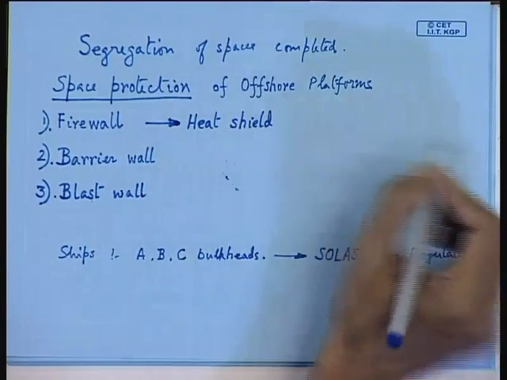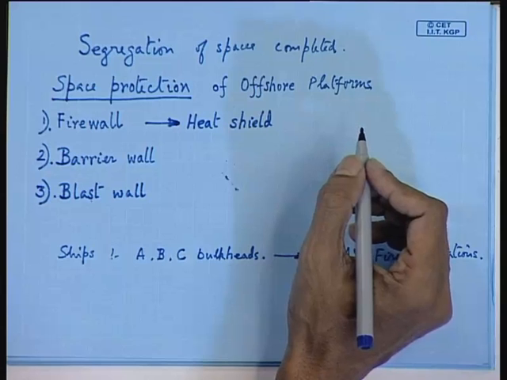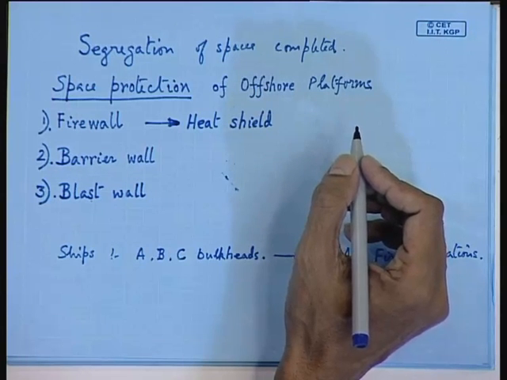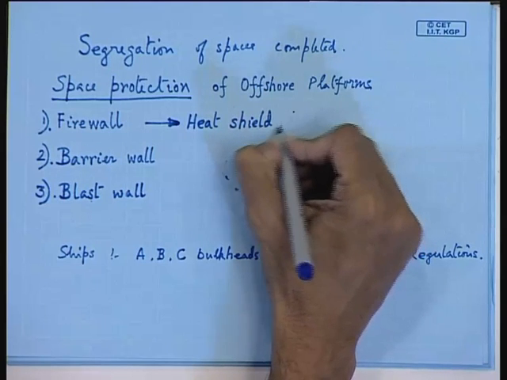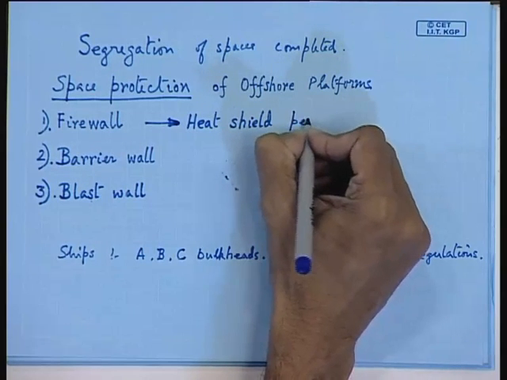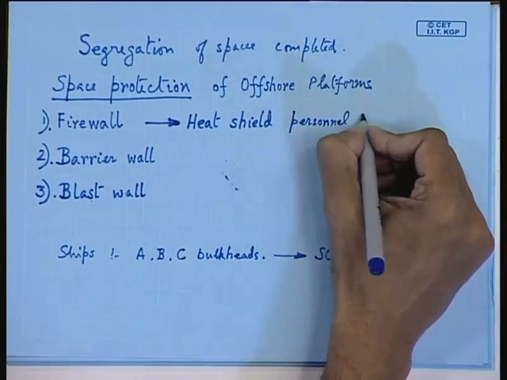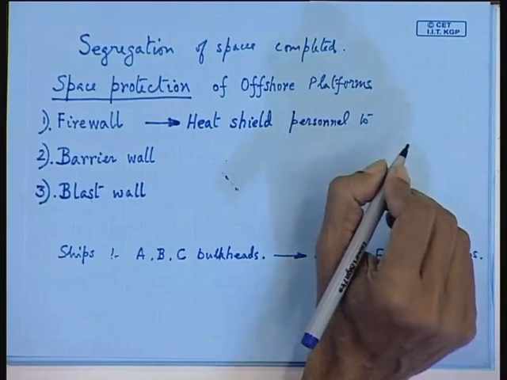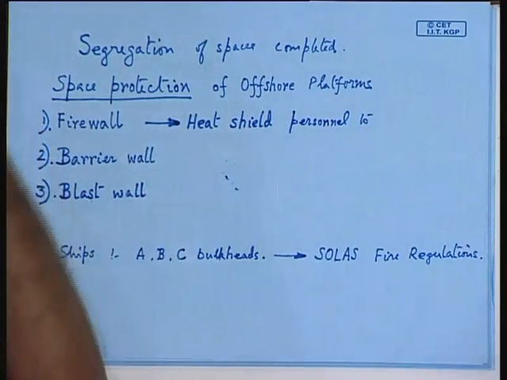You come across mostly steel. Now your firewall is actually providing a heat shield, but it should also allow personnel to escape. Now, the more detailed construction requirements you get in the API code.